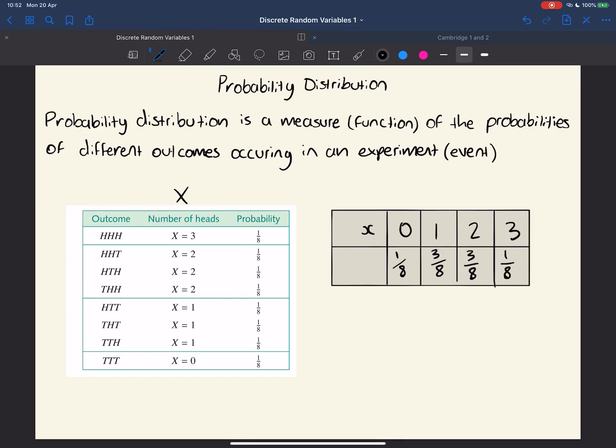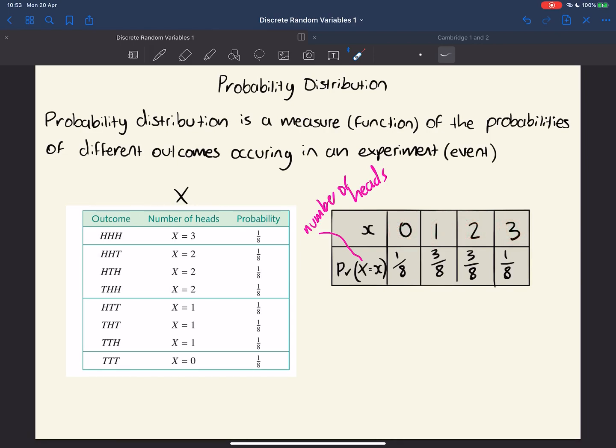And we just use some notation here. It's the probability that our variable x, which I'll write here, is the number of heads. This is the one that we decided. We could have gone with number of tails, but we just decided to go with number of heads. It wouldn't have made a difference. It's the probability that the number of heads is equal to a certain number of times.